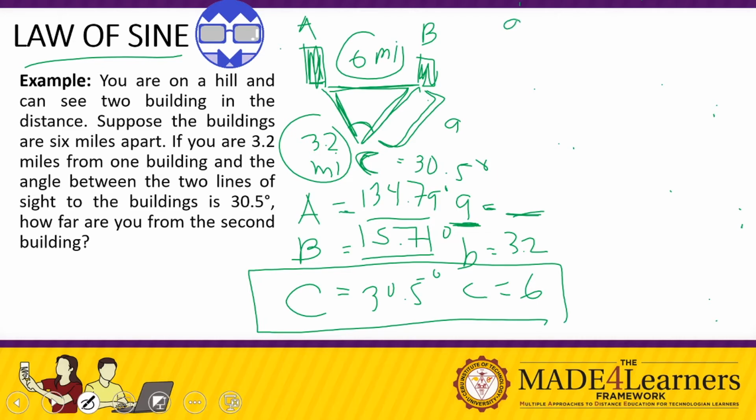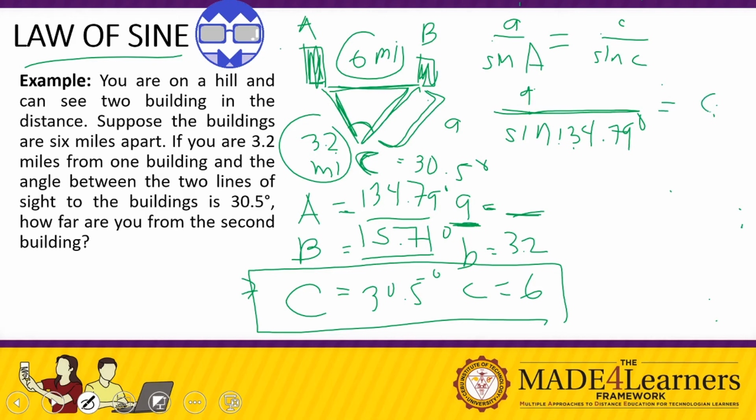So a over sine A equals, we're still going to use C because this is the given, so c over sine C. Then we substitute: a over sine of 134.79 degrees equals c over sine of 30.5 degrees.